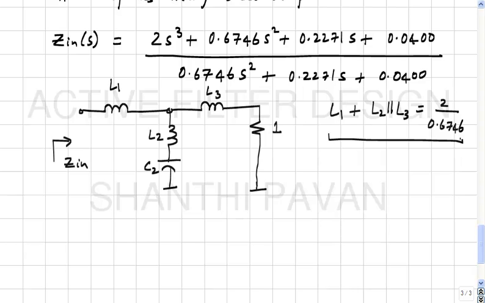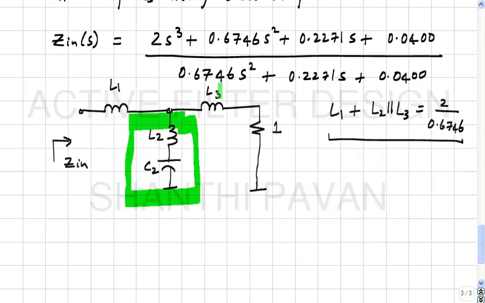Okay, pardon? What is it that you're not able to understand? Yeah, so the question is how did you get that as s tends to infinity, the looking-in impedance tends to L1 plus L2 parallel L3. So as s tends to infinity, what happens in this series arm? It's L2, the capacitor is shorted.